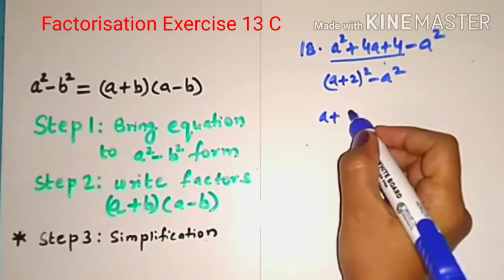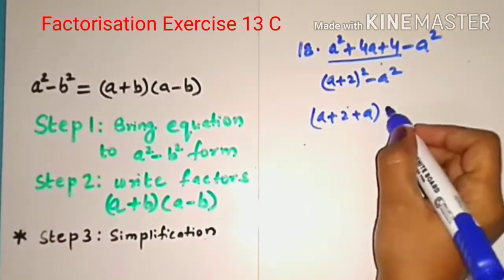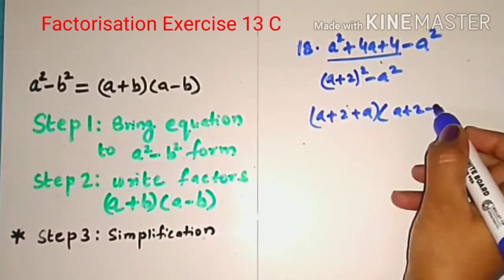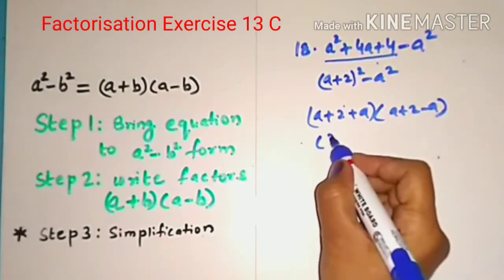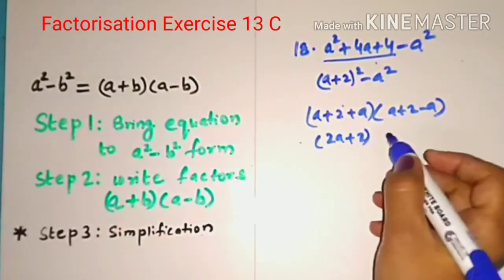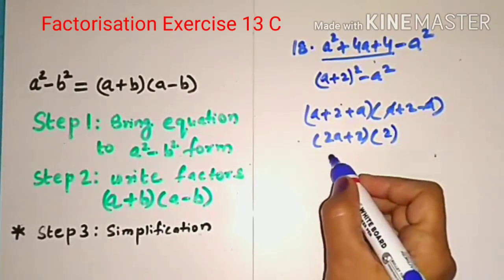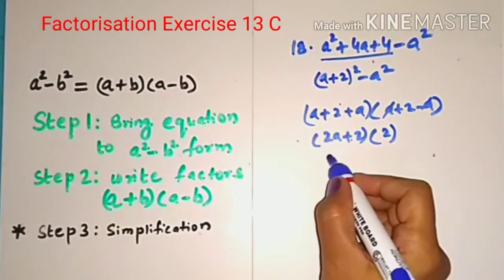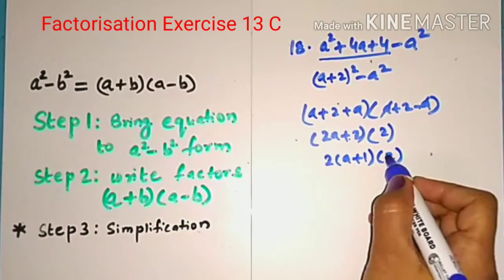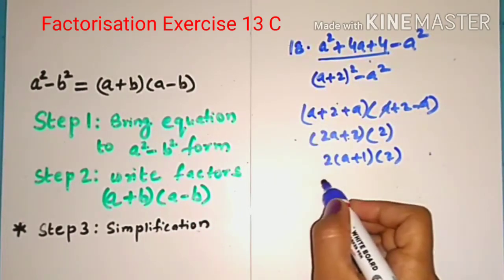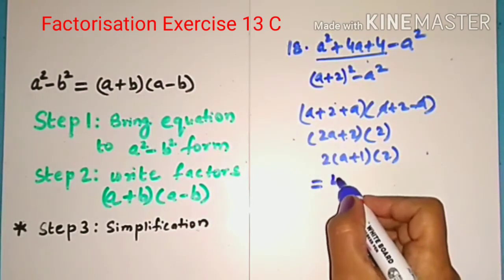So we will write a plus 2 plus a in one bracket, a plus 2 minus a in another bracket. We have 2a plus 2, and here a gets cancelled, so we have 2. 2 can be taken out common, so we have (a plus 1) into 2.